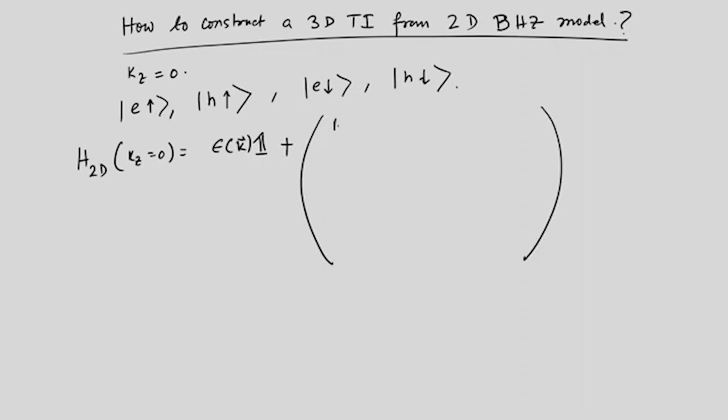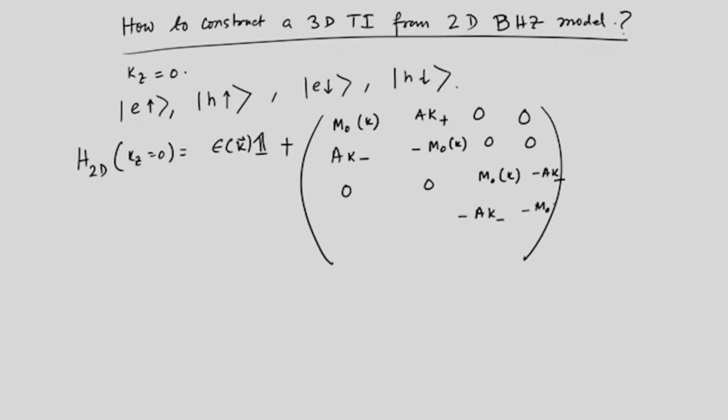So, there is an m0k, which is called the mass term, and a k plus, a is a constant, and a 0 0, a k minus, m0k 0 0, and 0 0 m0k, and minus a k minus, and a minus a k minus, and a minus m0k.